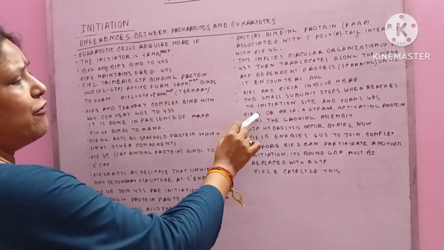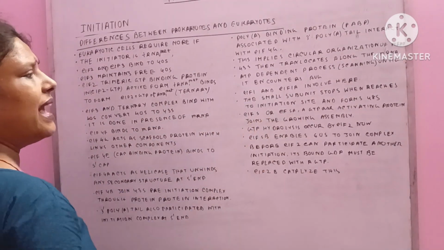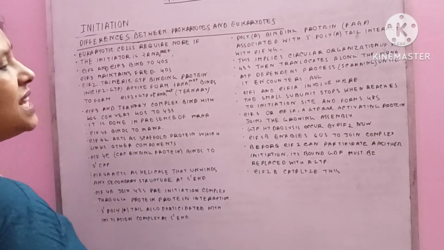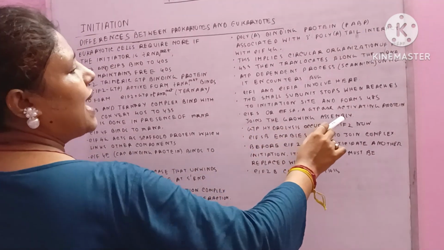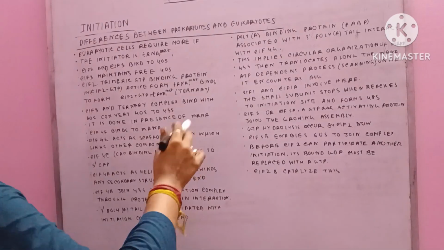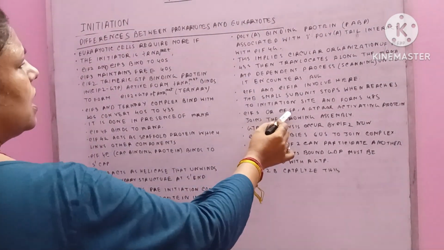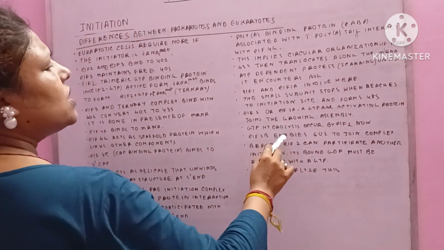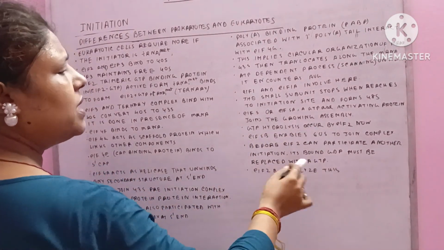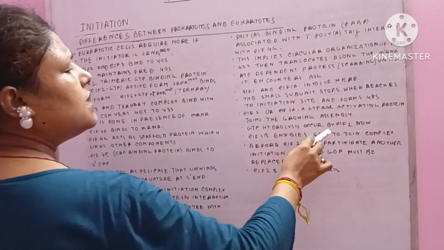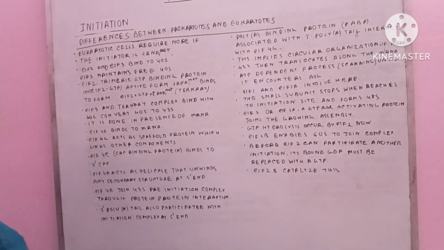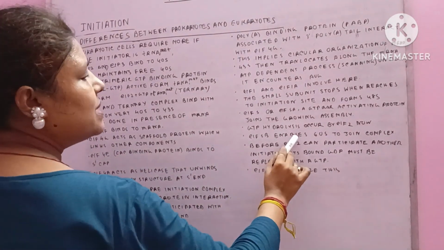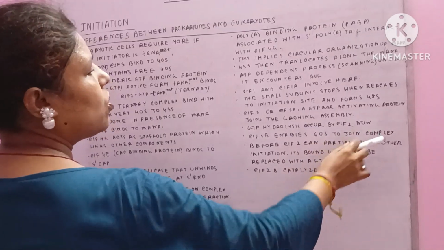Next, EIF5, a GTPase activating protein, joins the growing assembly. GTP hydrolysis occurs, done by EIF2. Now EIF5B enables the 60S to join the complex.